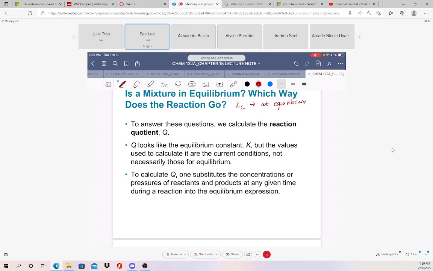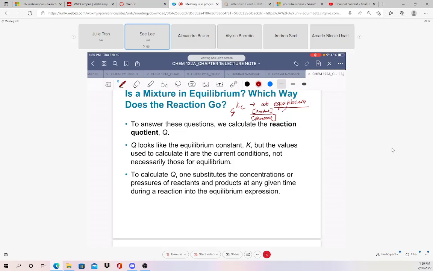It is a reaction quotient at equilibrium, because the concentrations of product and reactants used to calculate Kc are at equilibrium. Keep that in mind.